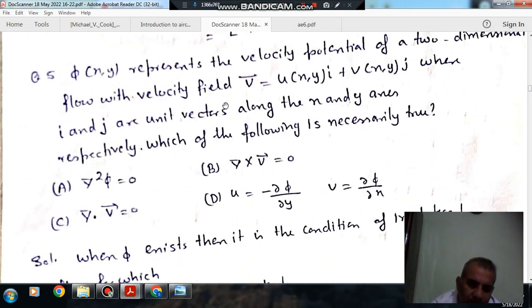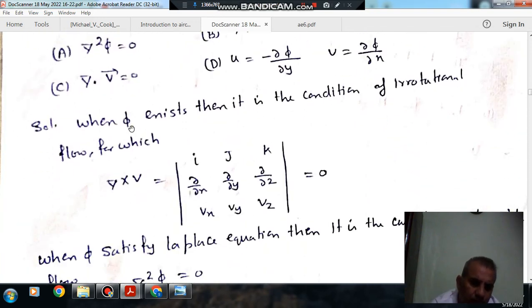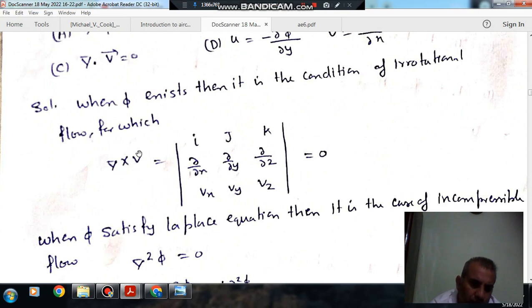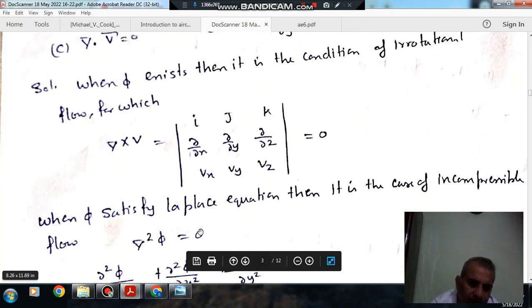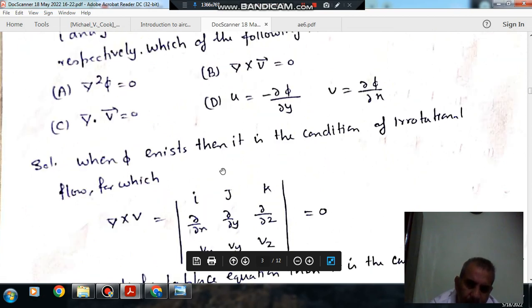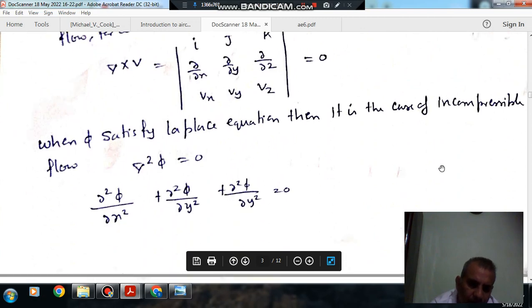If the phi exists, then it is a case of irrotational flow. Okay, so it is a possible flow. So for this, del cross V should be equal to 0. Okay, so answer is option B. If phi satisfies the Laplace equation, it is incompressible flow.